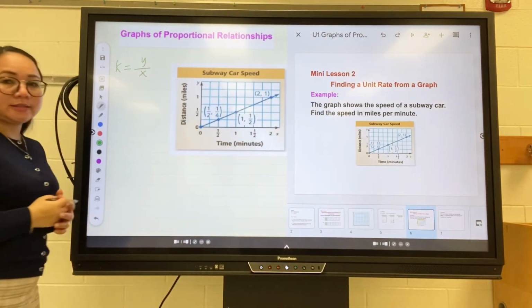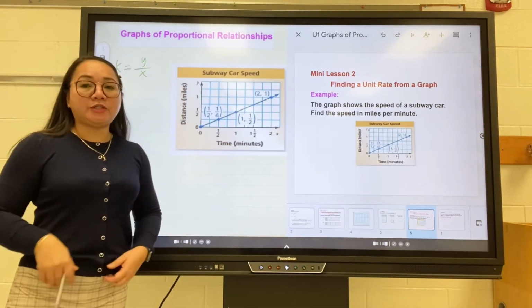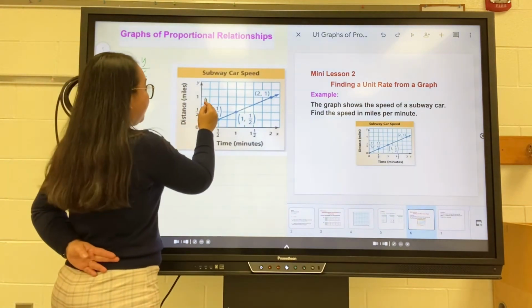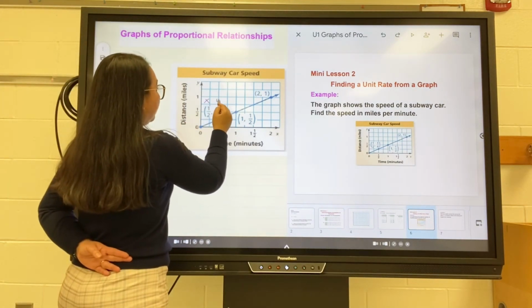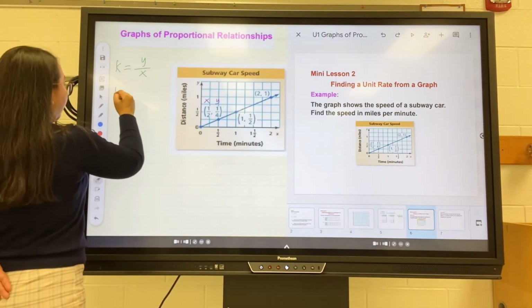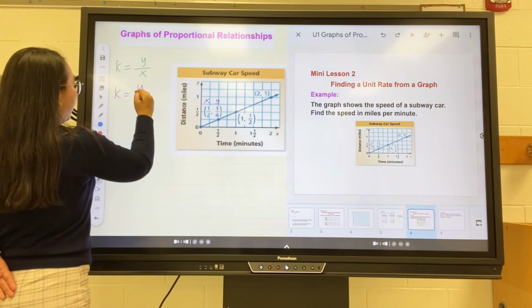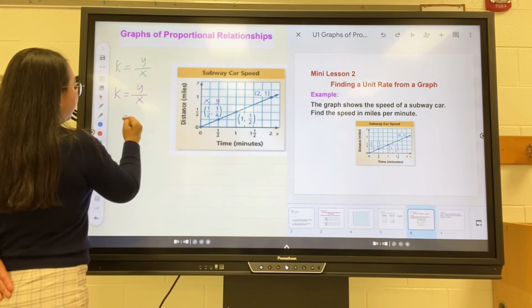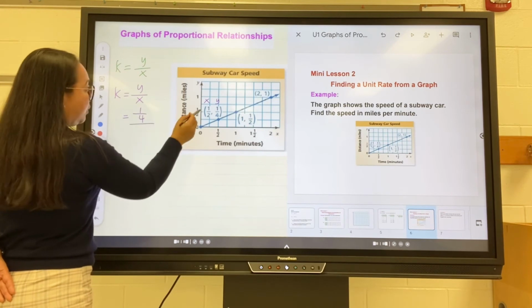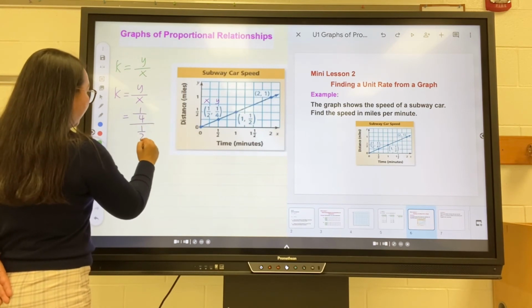by x. Now let us do the first ordered pair, which is 1/2 and 1/4. So 1/2 is the x, 1/4 is the y. So applying this formula, we have k is equal to y over x. And then y is 1/4 over the x, which is 1/2.